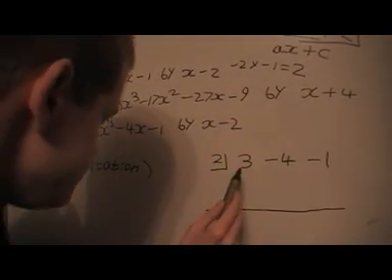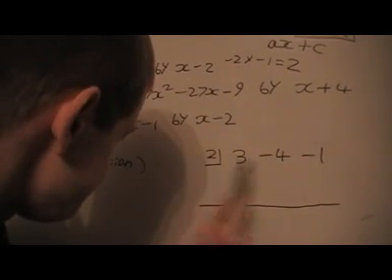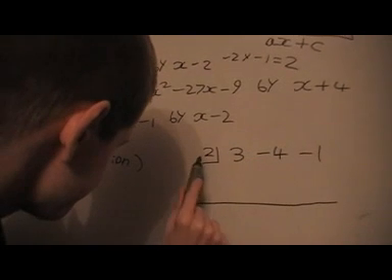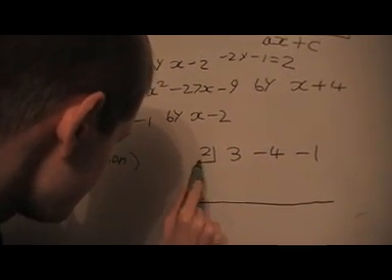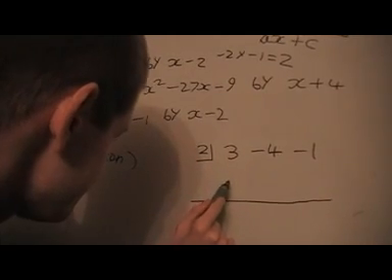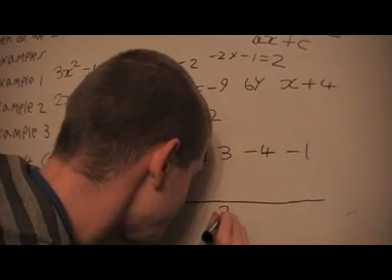Right. Now, what we'll do is we'll times this 2 by 0, which is 0. Then we'll take that away, that's 3.